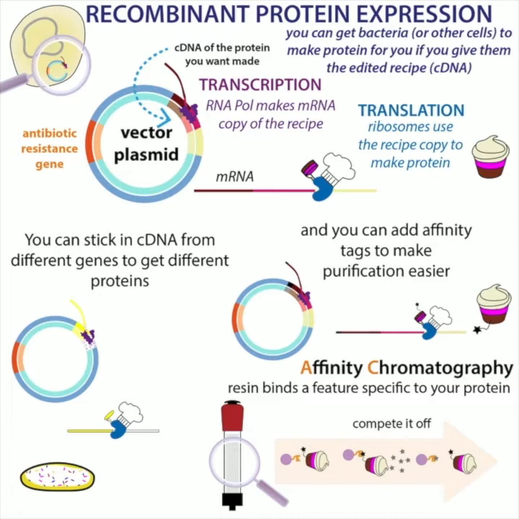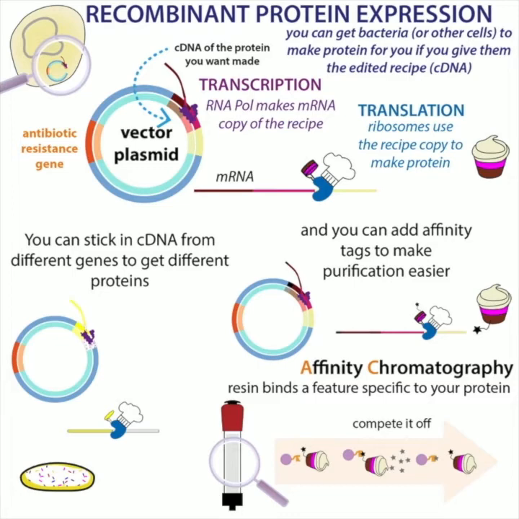I have a lot more about this in previous videos, so I'm not going to go into it now. What we're going to talk about today is mostly for bacterial protein expression, although a lot of the things are applicable to any expression system.